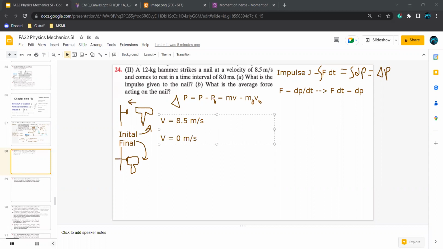Right? That's kind of why we can make this negligible, because in both cases the nail is 0 meters per second. Also, when we're doing delta p, we're only looking at the hammer. So that's something important to mention. I'll leave this as a little v.